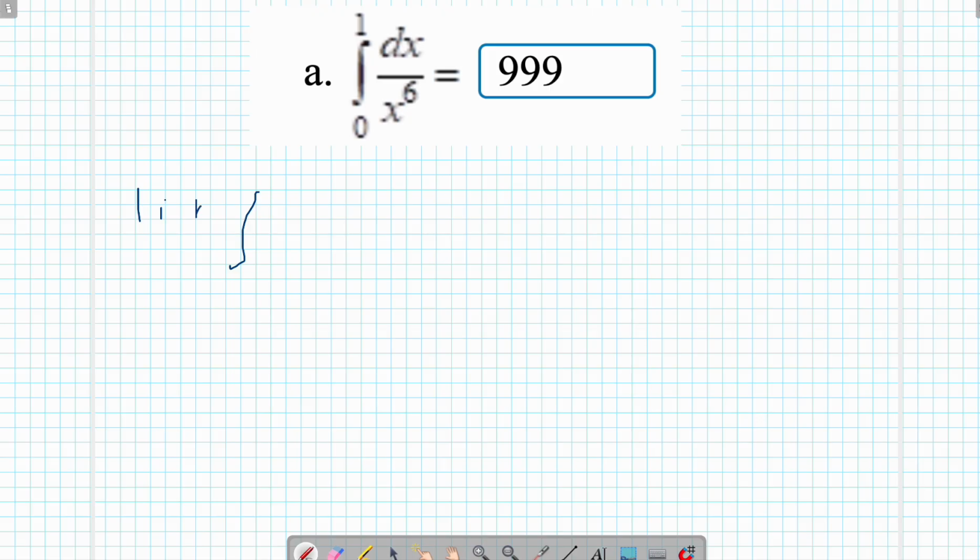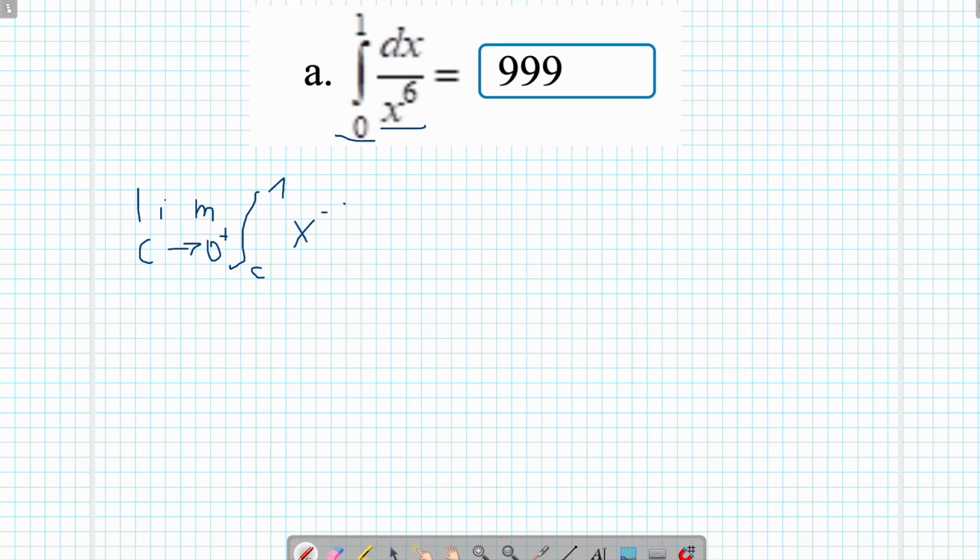Since we cannot have 0 in the denominator here, from 0 to 1 we're going to take a number in between, taking the limit as c goes to 0 plus, so c down, 1 up, x to the negative 6.